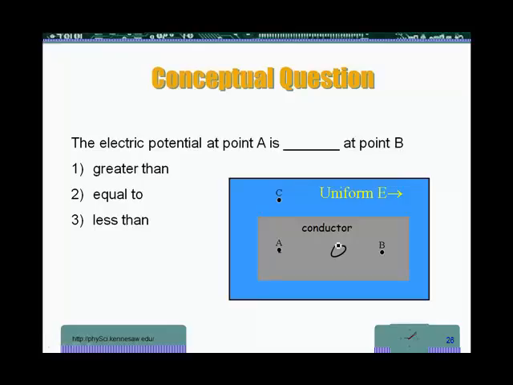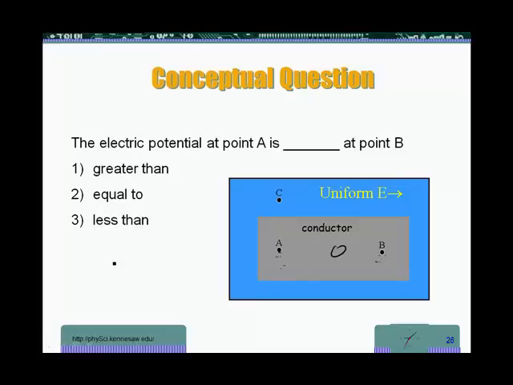If the electrical field is zero, it means I'm going to have the same electrical potential throughout that conductor. This is a key point that we are going to need to use quite a bit.